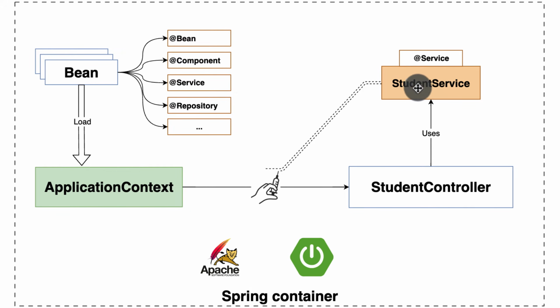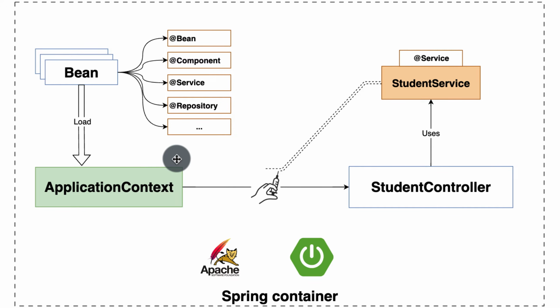If you have an object which is not a bean, Spring will not be able to inject this object for us. So now I guess you have more understanding of what a bean is, what happens exactly when we load the application, and what Spring does internally.